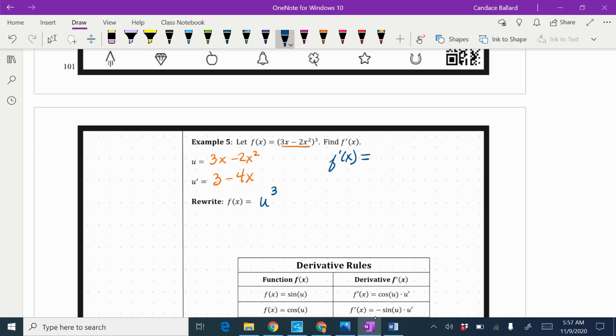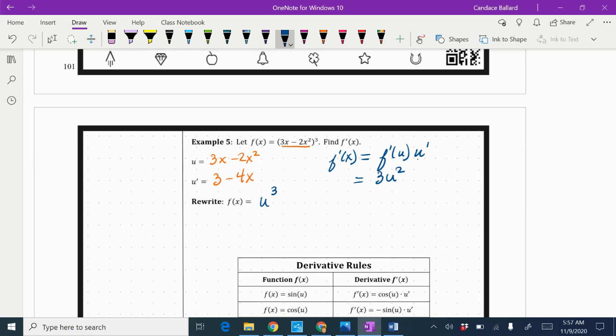Now I'm going to try to find the derivative of f of x. So I know that when I find my derivative, I take the derivative of the function evaluated for u times the derivative of the inside function. Okay, so my f prime of u would be 3u squared.